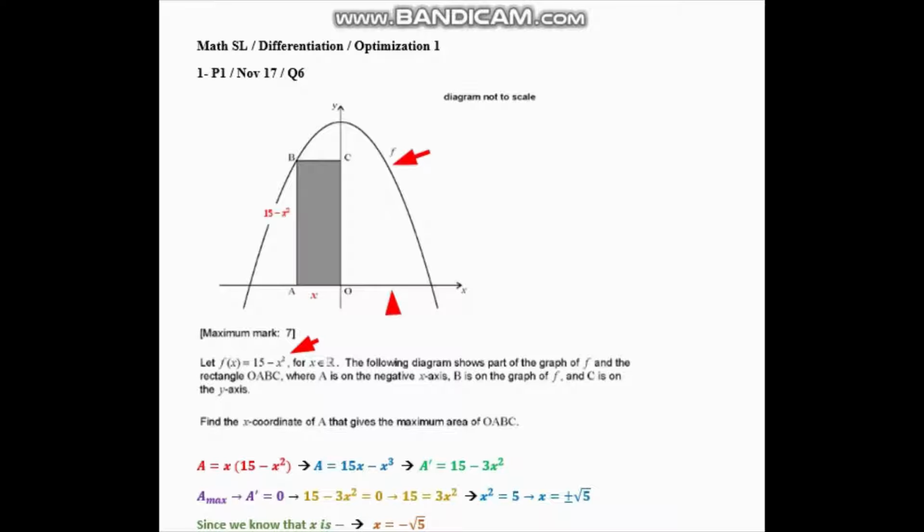The following diagram shows part of the graph of f and the rectangle OABC, where A is on the negative x-axis. So O is fixed and A is moving on the negative x-axis. So the distance between O and A shall always be x, because A is on the x-axis.